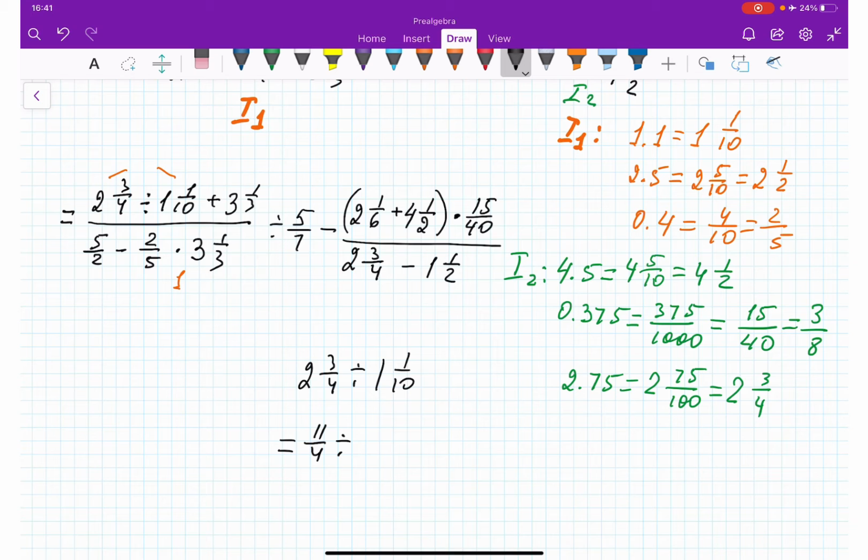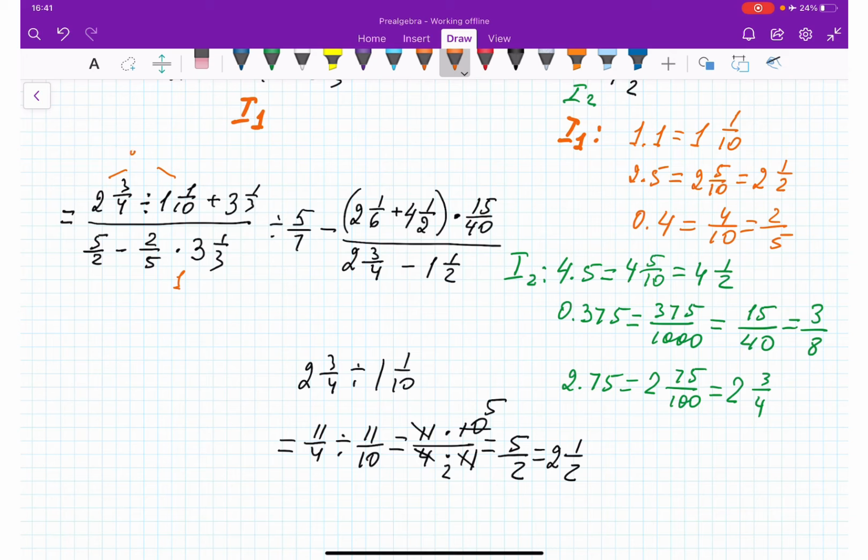Dividing by 1 times 10 is 10 plus 1, 11 over 10. We are getting 11 over 4 times 10 over 11. This is gone, and we are getting 5 over 2, meaning 2 and 1/2. So as a result, we are getting 2 and 1/2. Let me clean this.